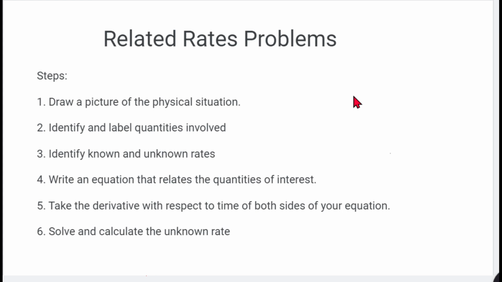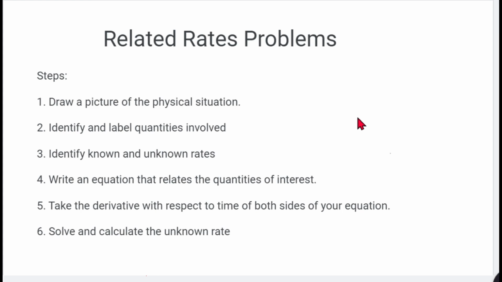Step 3 is to identify known rates. Sometimes they tell you how fast a quantity changes. That's a known rate. It's given. Also, of course, you need to identify the unknown rate or rates. And that's the one you're supposed to figure out.